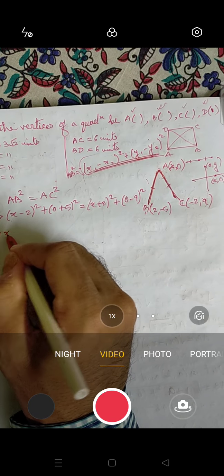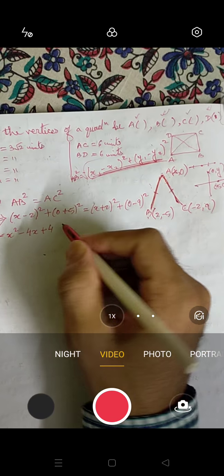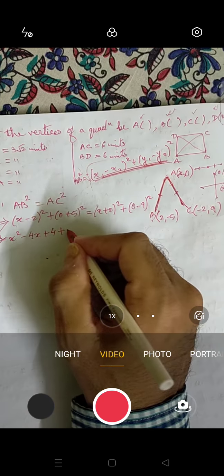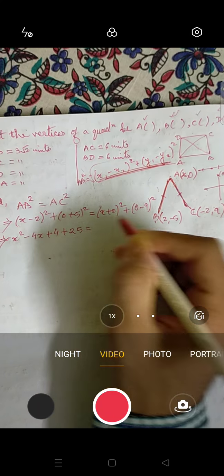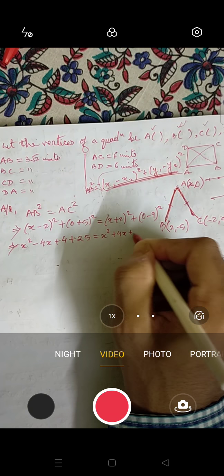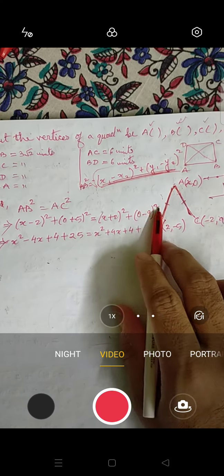So a minus b whole square, I am writing it directly, a square minus 2ab plus b square, plus, now this one 0 plus 5 is 5, 5 square is 25, equals to, now this is the a plus b whole square formula. So a square plus 2ab plus b square plus, now this will become minus 9 square, which is 81. Any problem?